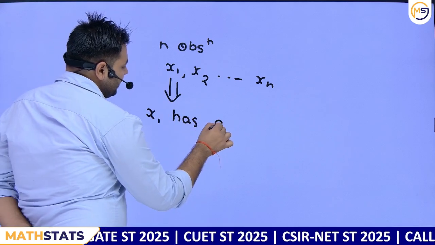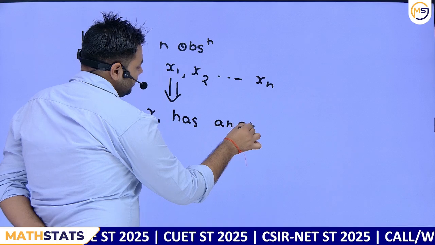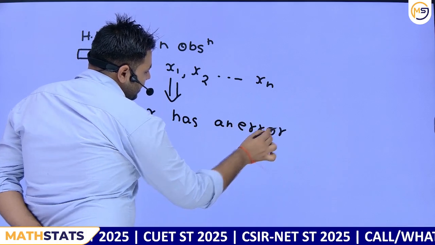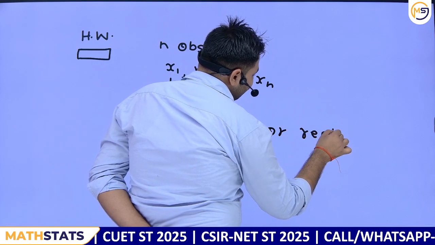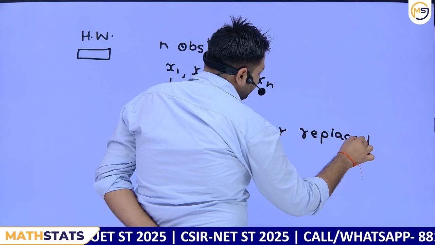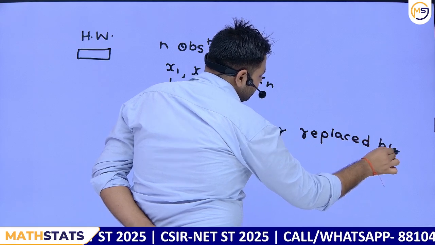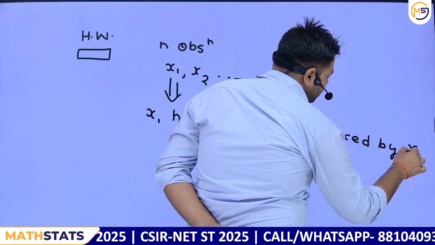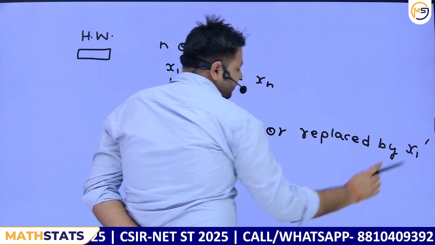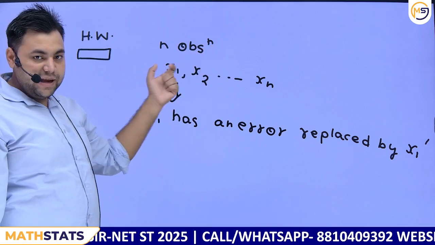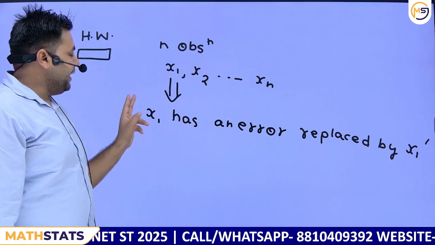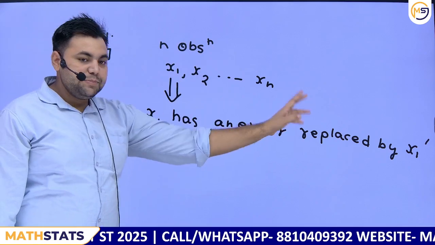x1 has an error and is replaced by x1 dash. I am talking about this type of question, right? Suppose we have n observations x1 x2 xn and x1 has an error and is replaced by x1 dash.